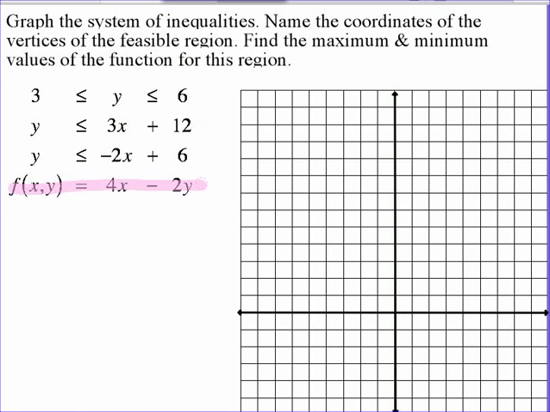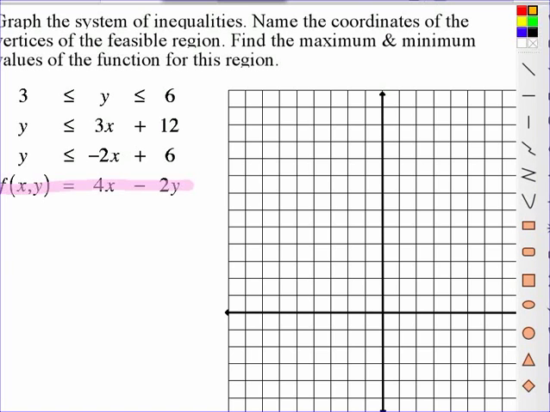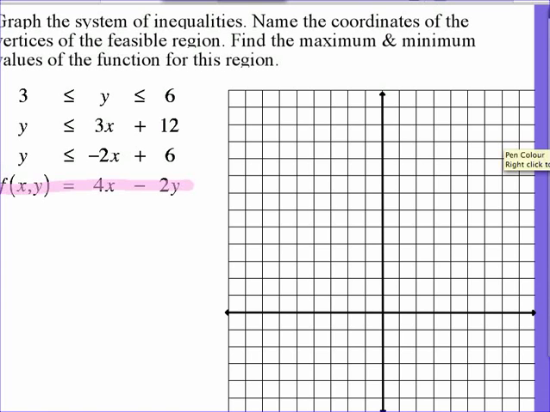Very first, pick out a light color. We're going to start by graphing 3 is less than or equal to y is less than or equal to 6. I'm going to start by drawing a y equals line at 3.